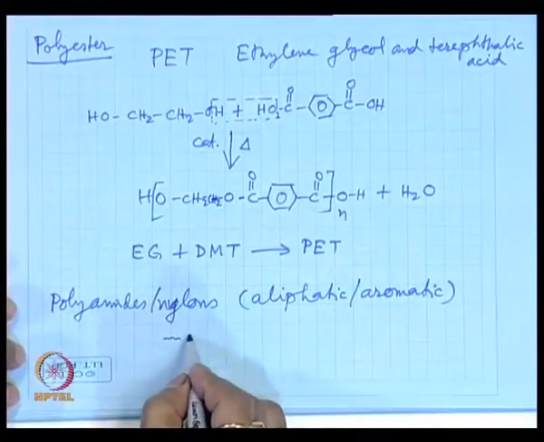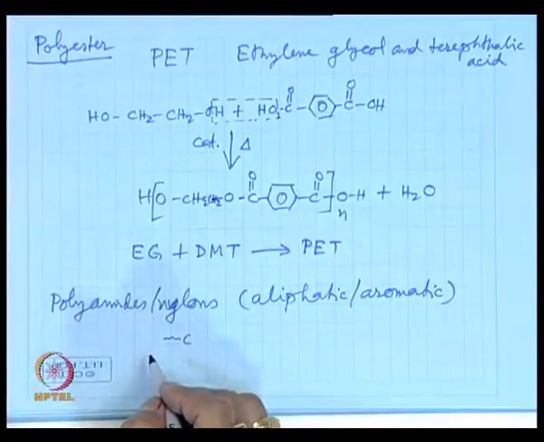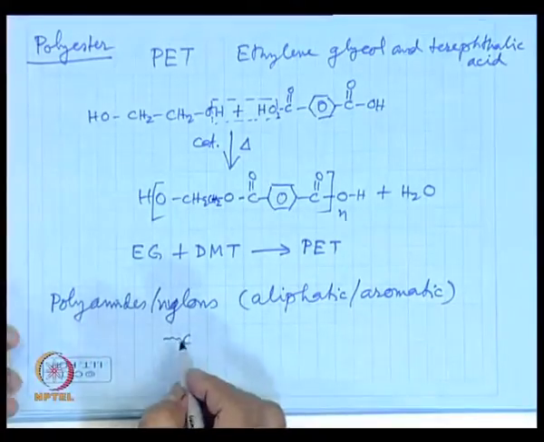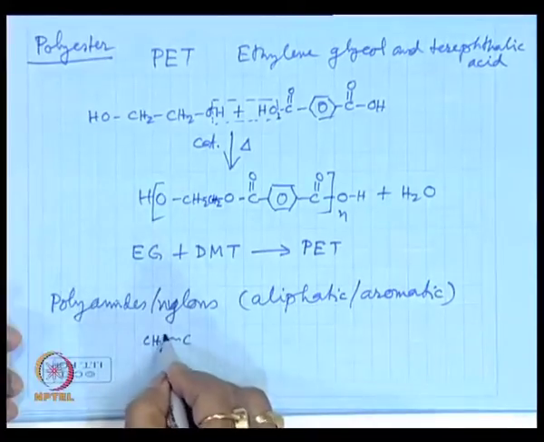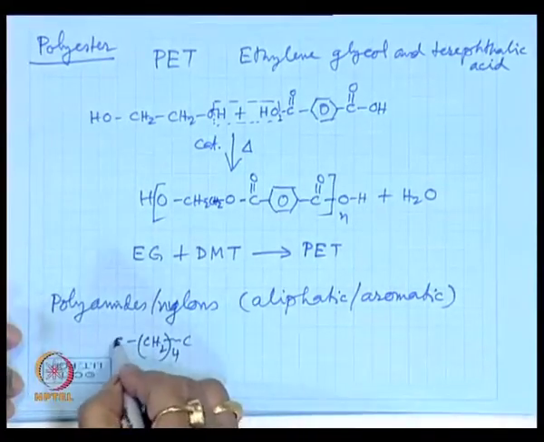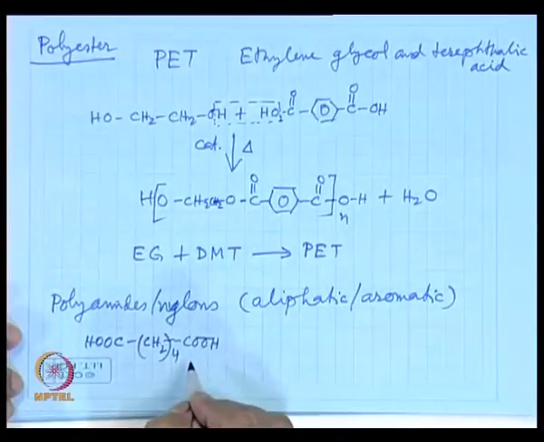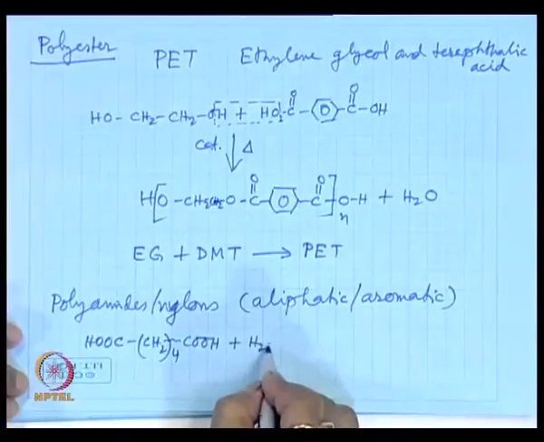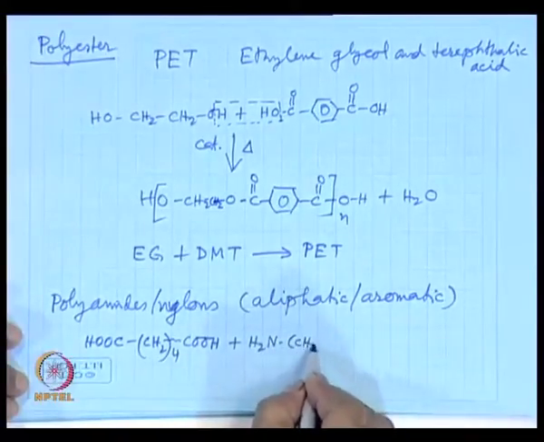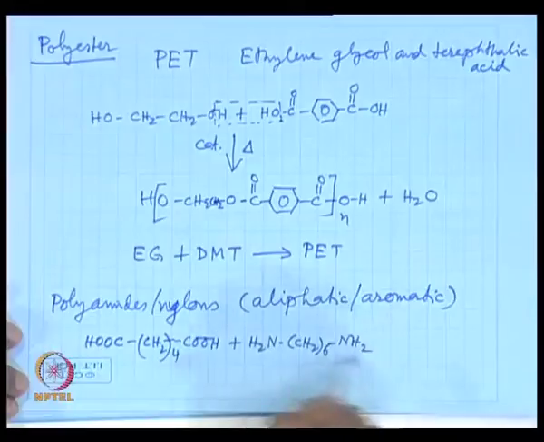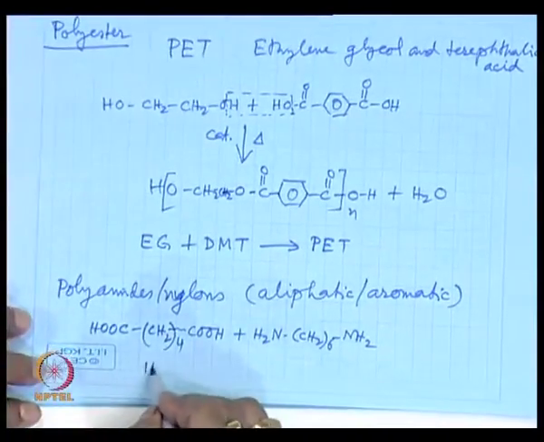Say nylon 66 is made from hexamethylene diamine and adipic acid. So, this is adipic acid and the hexamethylene diamine reacts.